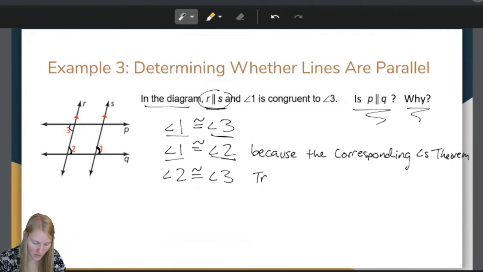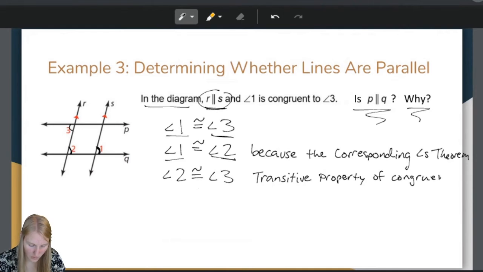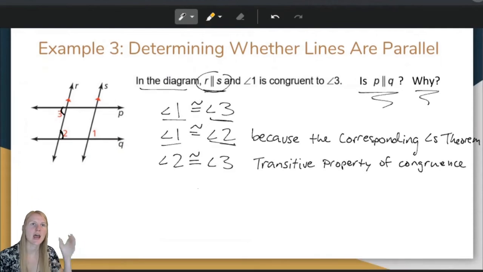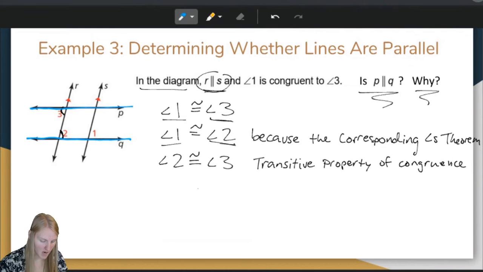So remember, this is the transitive property of congruence. And wait a minute. If 2 and 3 are congruent, so now let's zoom in on 2 and 3. If angle 3 and angle 2 are congruent, when I look at line P and line Q, angle 3 and 2, they are alternate interior angles.